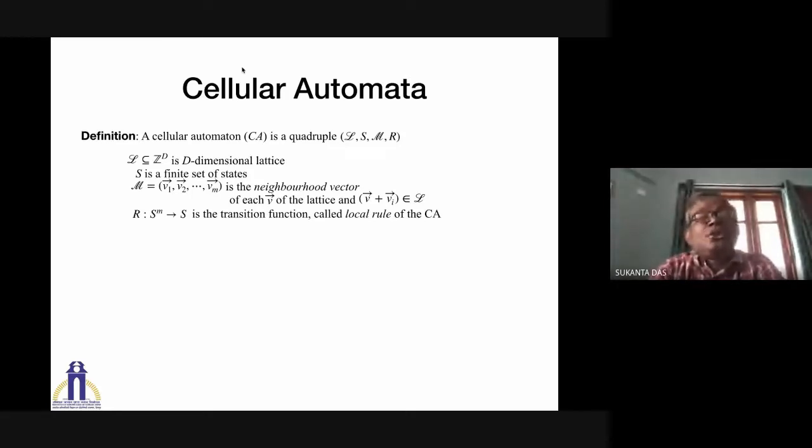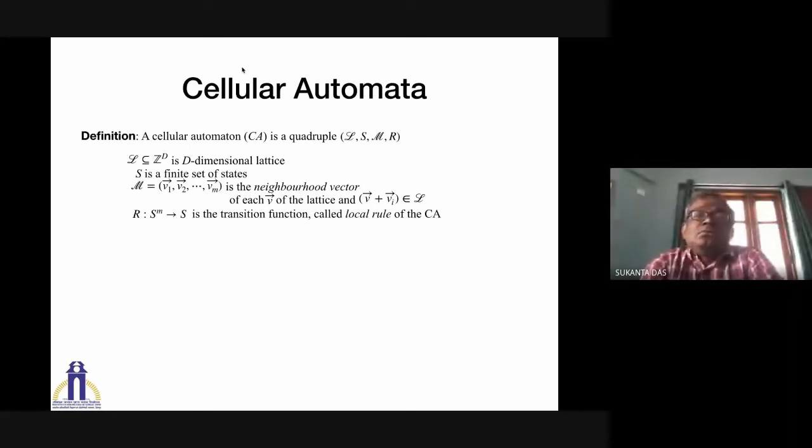So we call M a neighborhood vector, and R is a function from S to the power m to S, a transition function. This is actually a finite automaton. We call it the local rule. So we have defined this.